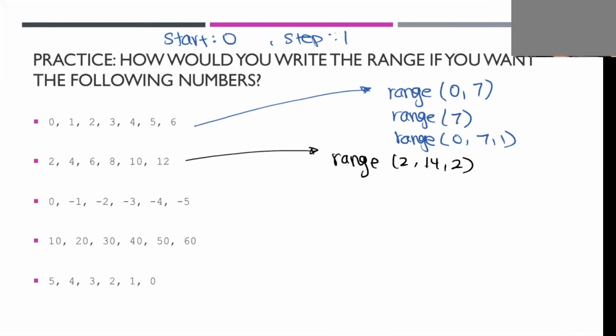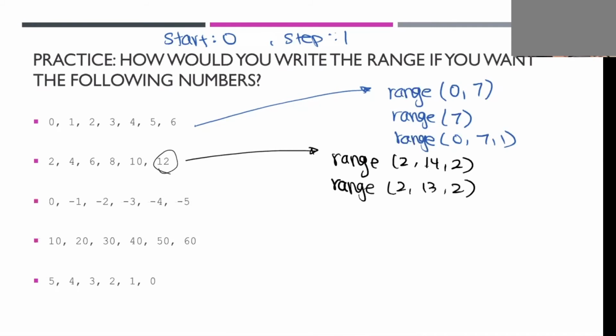Someone also recommended range 2, 13, and 2, and that would also work just fine. Did not think of that. Because when you get to 12 and then add another 2 to it, that would give you 14, which is already past 13, so you won't use that number as part of your range. So 12 would be the cutoff for what we have here.